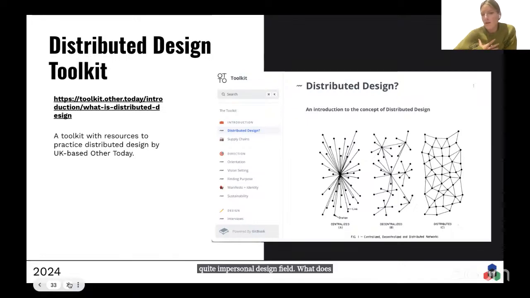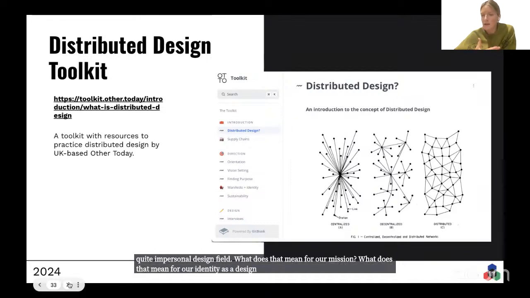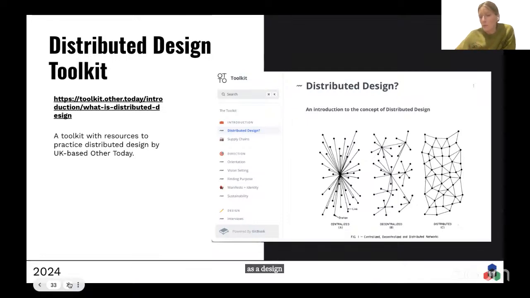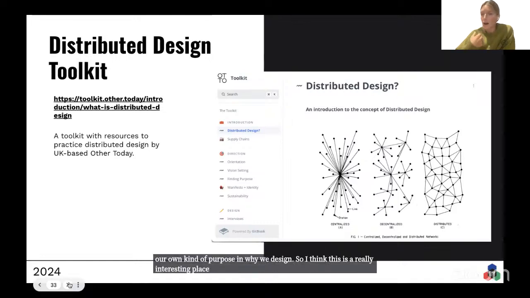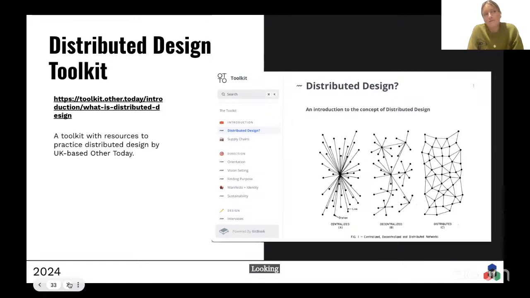What does that mean for our identity as a designer? And how do we ensure that we are participating in this domain as a designer that represents our values and our own purpose in why we design? So I think this is a really interesting place to go if you are looking for some support in how you can access this DIDO field of design.